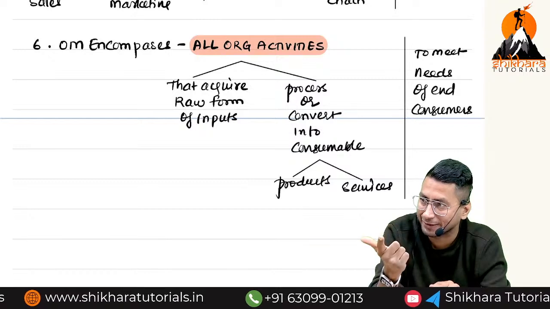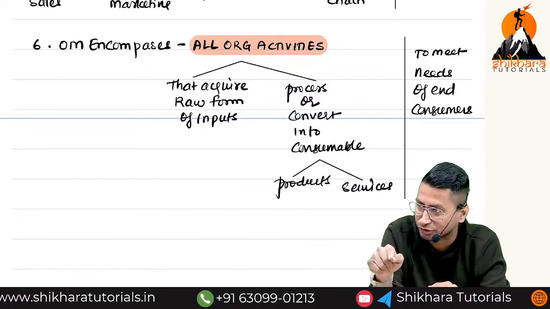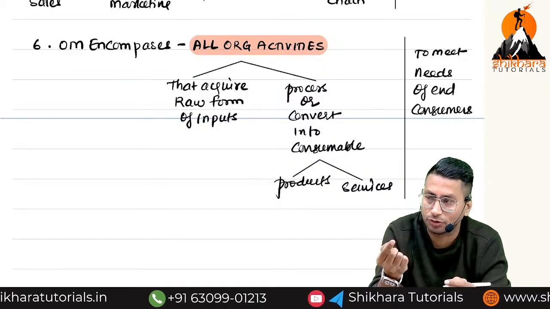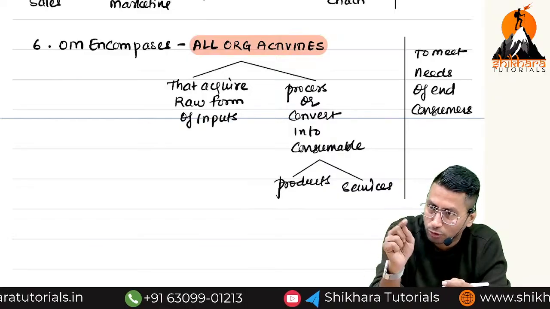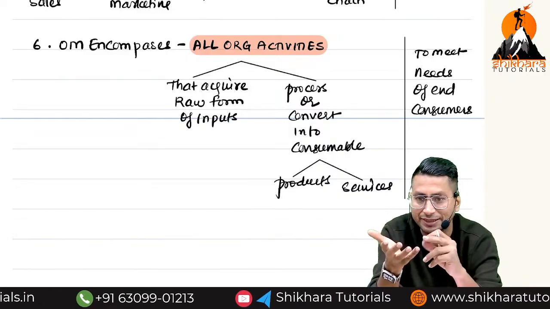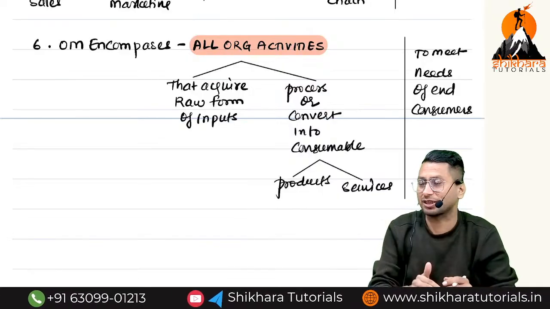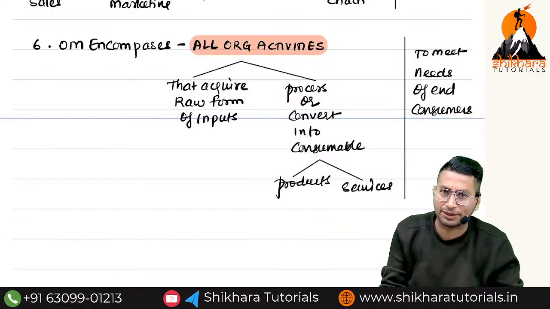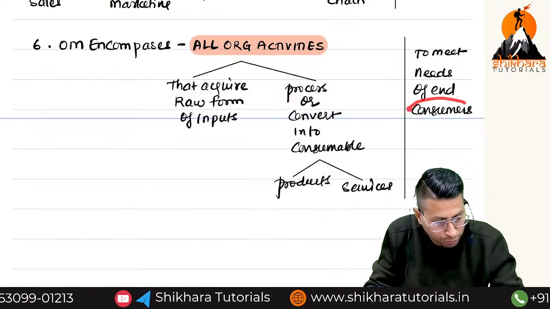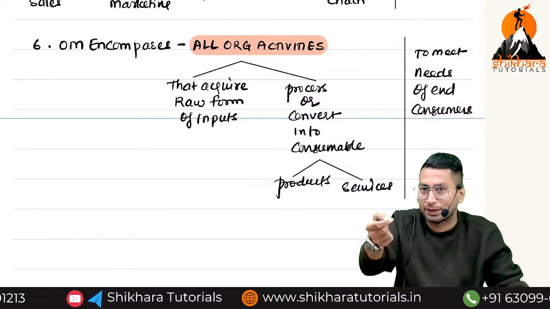So parents are examples of customers, and you as a student are the consumer. Clear? If you are only paying the fees and only attending the classes, then you are a customer and consumer both. So sometimes customer and consumer can be different, sometimes they can be the same. But my focus should be on the consumer. Customer is also very important for us because they give the payment.